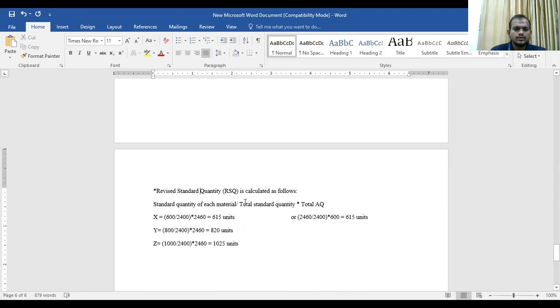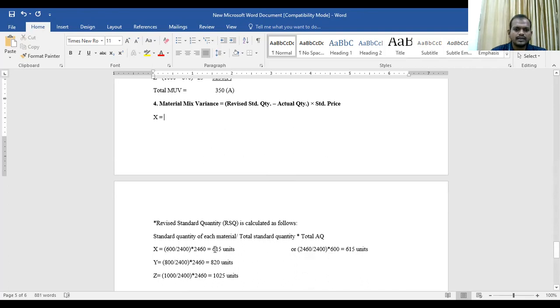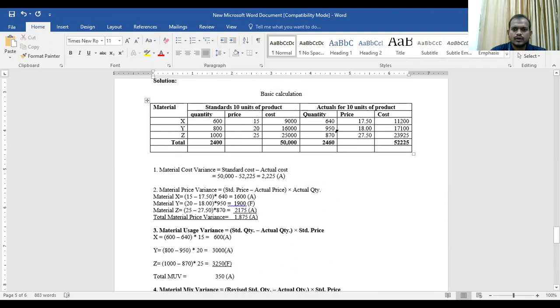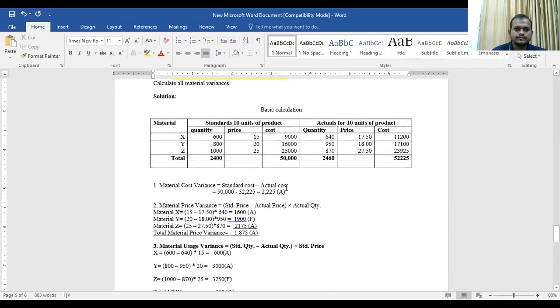Okay, so this is the revised standard quantity. So now we'll calculate the material mix variance. Revised standard quantity minus actual quantity. So the revised standard quantity of X is 615, minus actual quantity. So actual quantity is 640, into standard price.